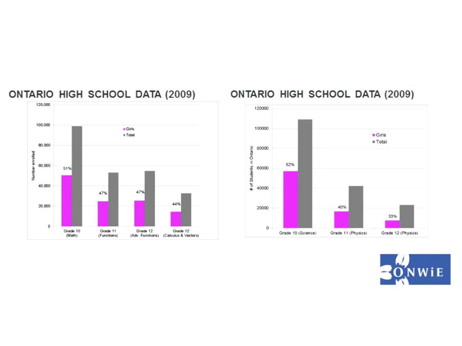And if you look at mathematics, you'll see that depending on whether it's advanced functions or calculus and vectors, there will be some differences there. But the most alarming difference would be in physics. And the reason why we're using physics as a marker is because all engineering programs in post-secondary programs require a physics credit currently.